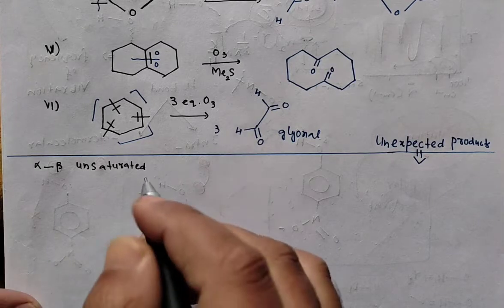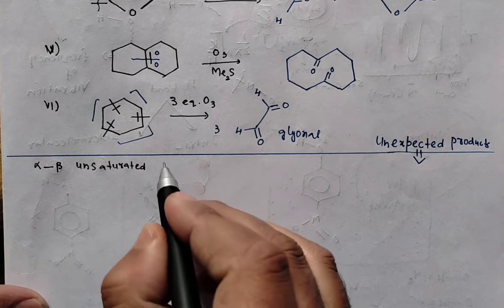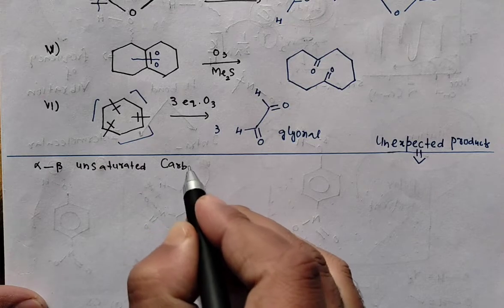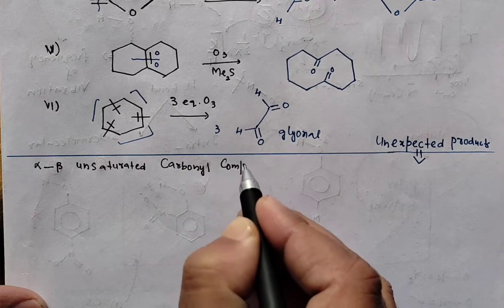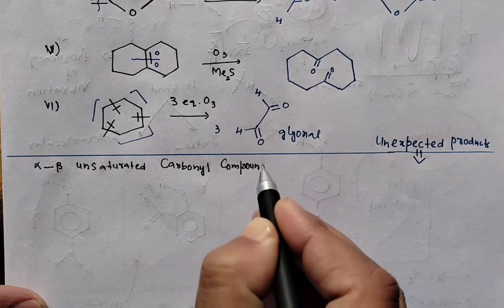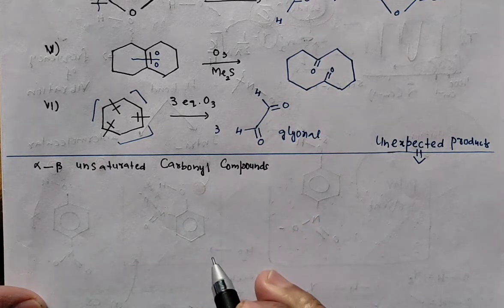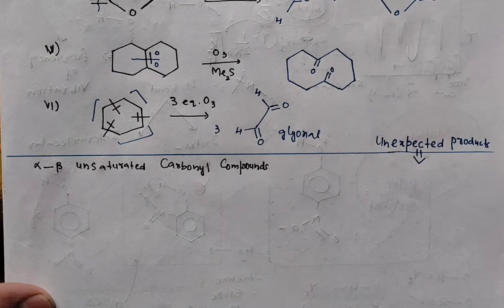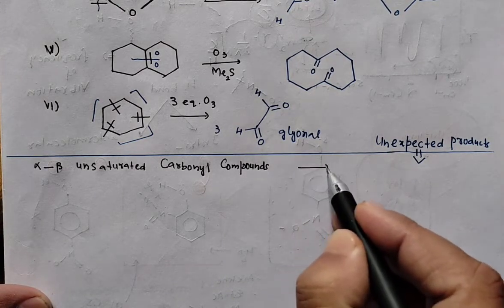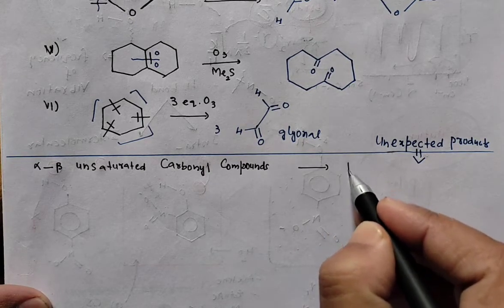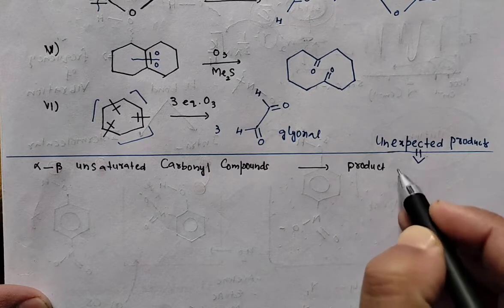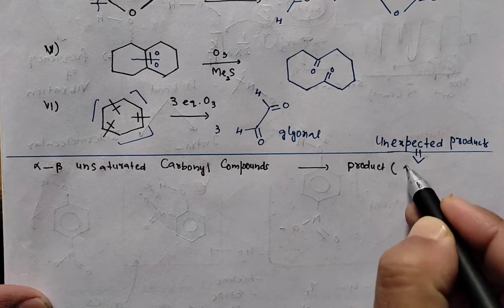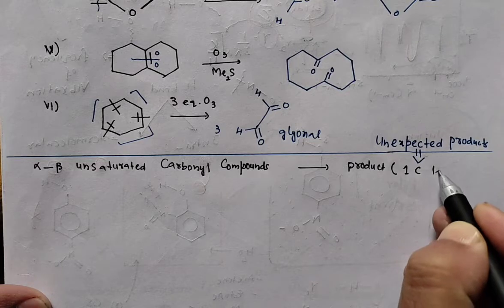If your substrate is an alpha beta unsaturated carbonyl compound, remember that if you do the ozonolysis, you will get a product which has 1 carbon less, 1 carbon atom less.